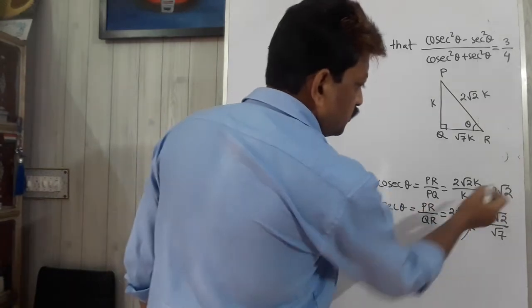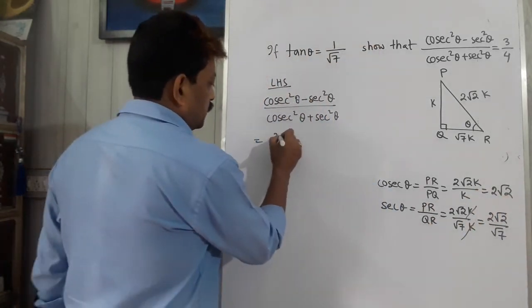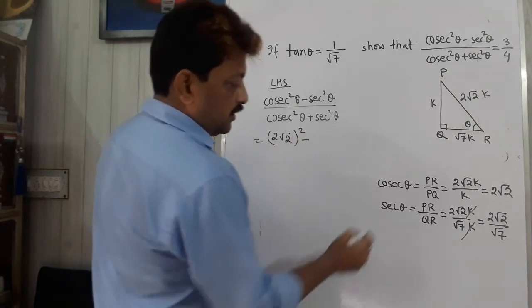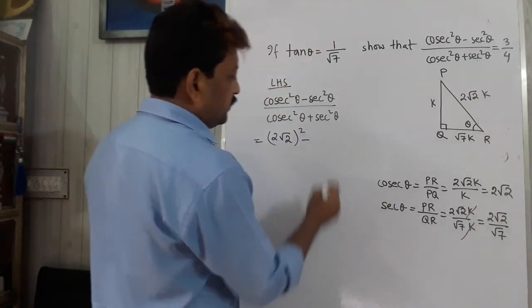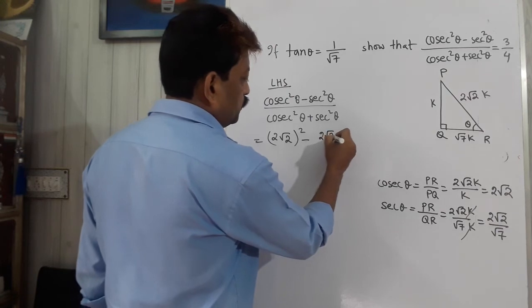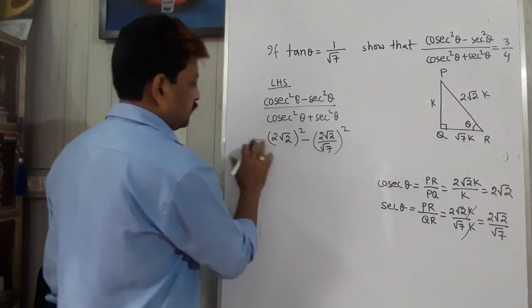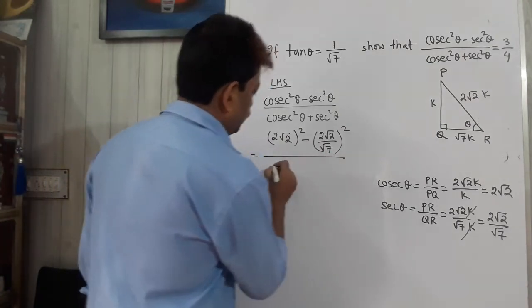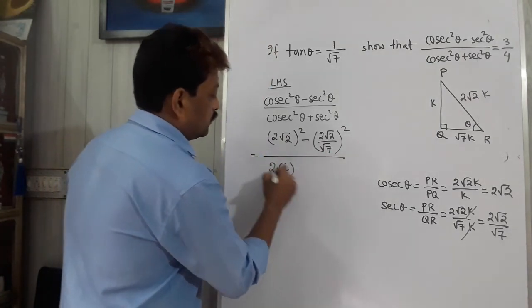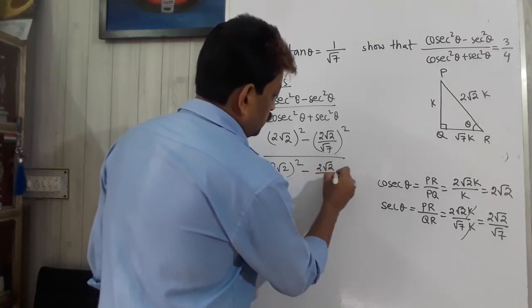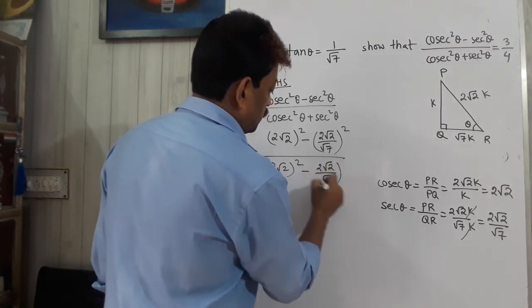If cosec theta is 2 root 2, so it will be 2 root 2 whole square minus sec theta is 2 root 2 upon root 7, so it will be 2 root 2 upon root 7 whole square, divided by 2 root 2 whole square minus 2 root 2 upon root 7 whole square.